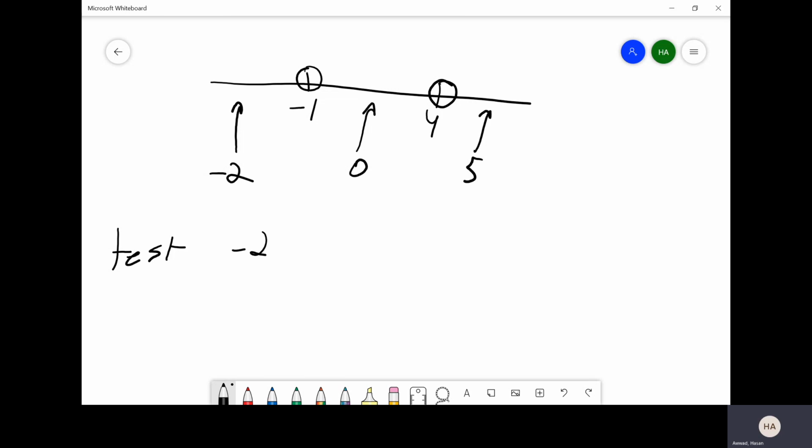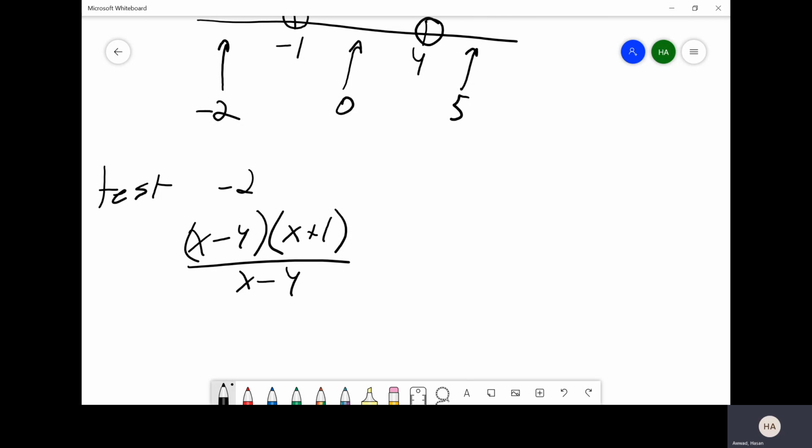So testing negative 2, we start with x minus 4 times x plus 1 over x minus 4. This is actually really neat because you have the same factor on top and bottom. Without having to do too much math, if you just do one of the factors up top or the one on the bottom, you know what the sign on the top or bottom is going to be. So what do I mean by that? Let's say we plug in negative 2.